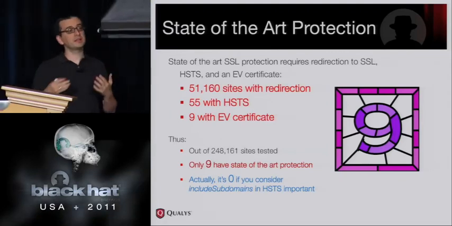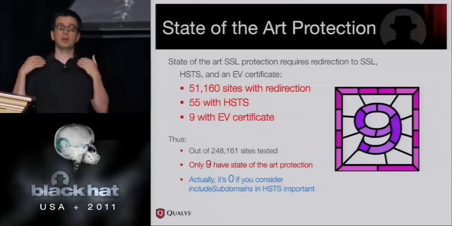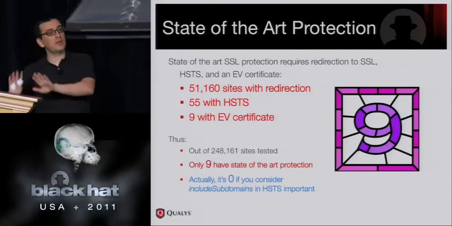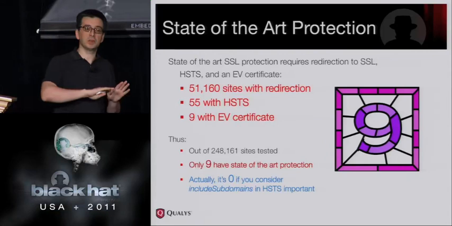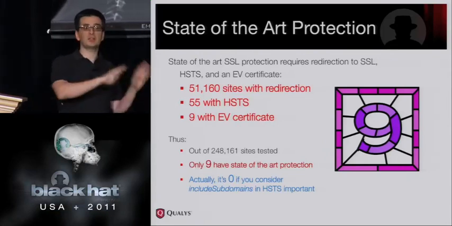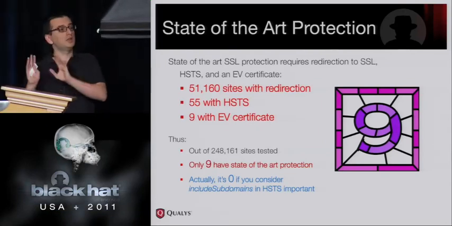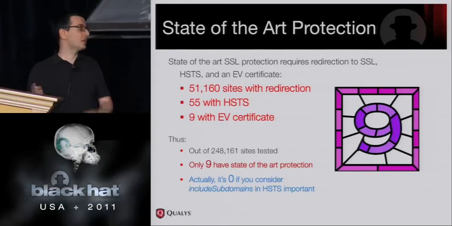So these are 9 sites in our study for which we could say they have properly secure SSL. Now, don't forget, these are only popular sites because we didn't scan all sites in the world. The number is probably bigger, and there are smaller sites that are well protected, but on the other side, those are not necessarily sites that are used every day by millions of users, and these are.